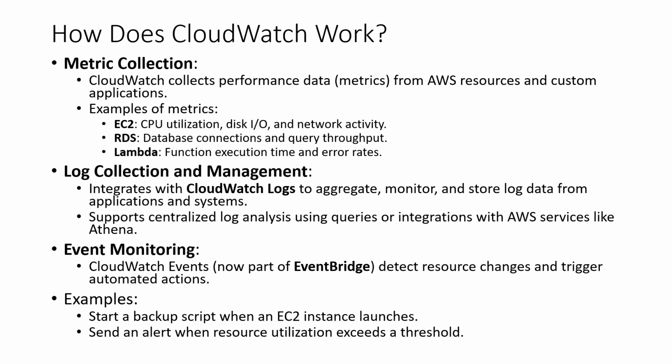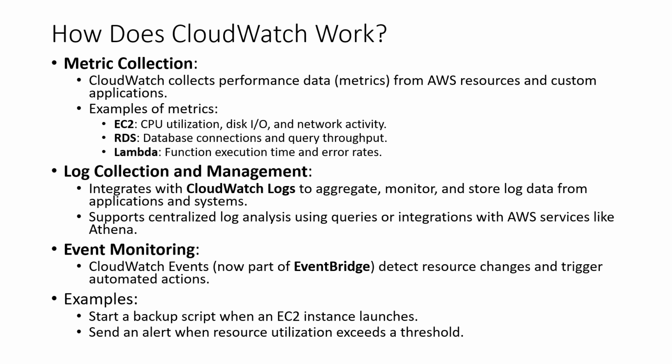If something gets triggered in EventBridge, it automatically redirects the request to the Lambda function, saying that the EC2 instance was launched and is in the running state. In the Lambda function we have written: take the backup of that instance. So the Lambda function is triggered automatically, runs, and creates the snapshot of the EC2 instance.